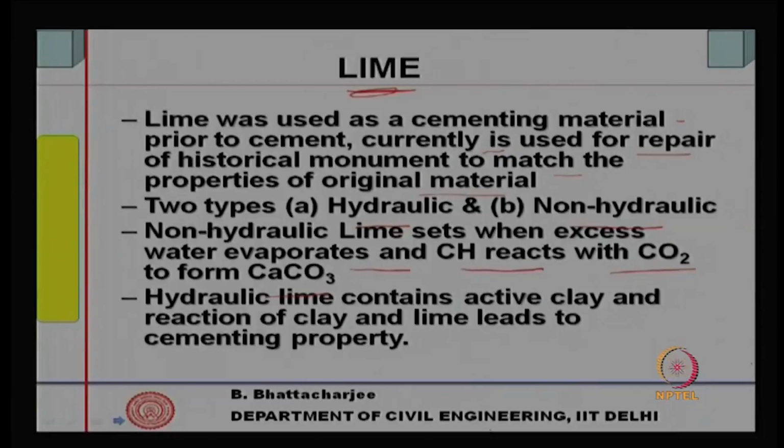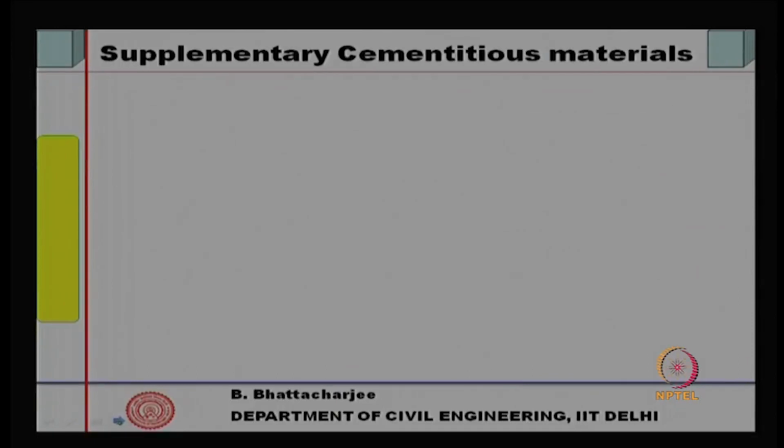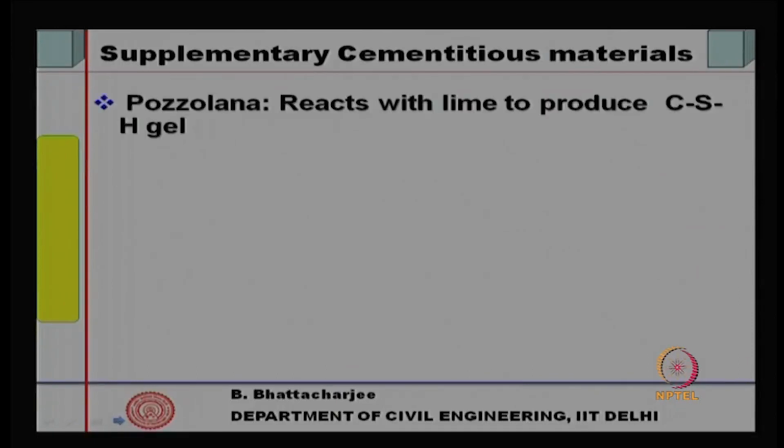Hydraulic lime, on the other hand, has got active clay, and the reaction of lime with clay leads to cementing property. Now, this is what has been used for many years. So, what we know is that some materials, some silica, can react with lime to produce a CSH gel like structure.